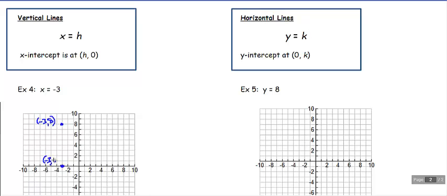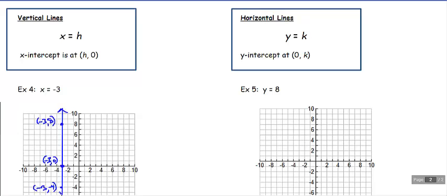Right, this was (-3, 0). There's a point right here, (-3, -4). All of the points that have an x value of -3 would be right here along a vertical line. So the y value has nothing to do with this one. And that's how we get this vertical line.